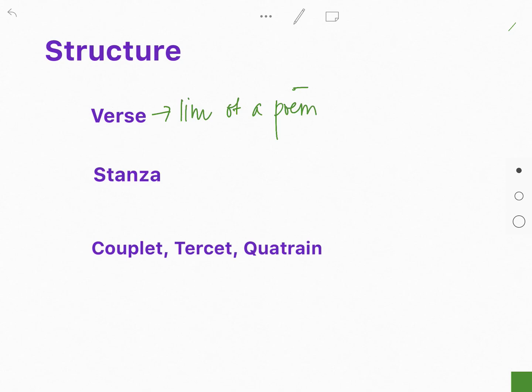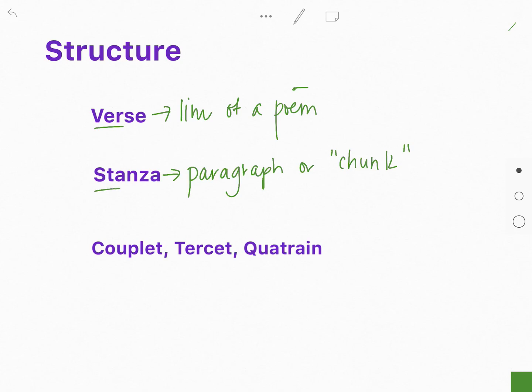It's not inappropriate to refer to them as lines because they are numbered, but the appropriate language would be to refer to a verse. The next term is stanza, which is like a paragraph, or, for lack of a better word, a chunk of the poem.